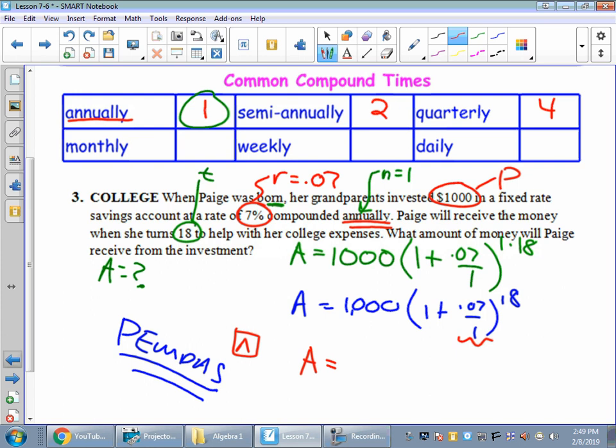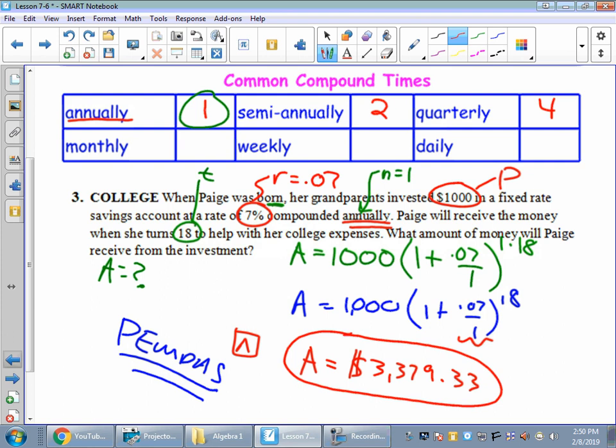And then after adding this up and doing order of operations correctly, you should get 3,379.33, or $3,379.33. So that $1,000 that was put in initially 18 years ago turned into $3,379.33. Okay, so that's compound interest.